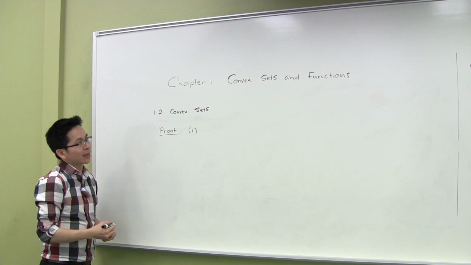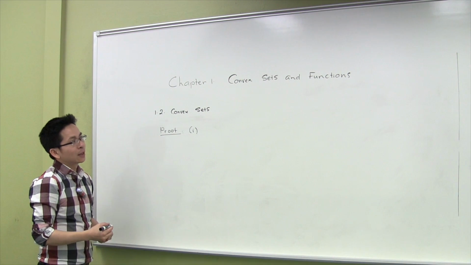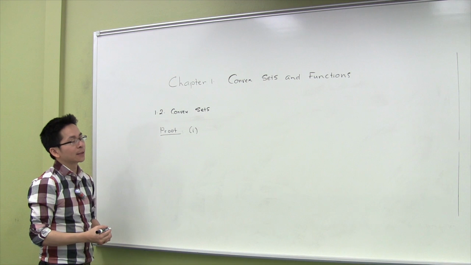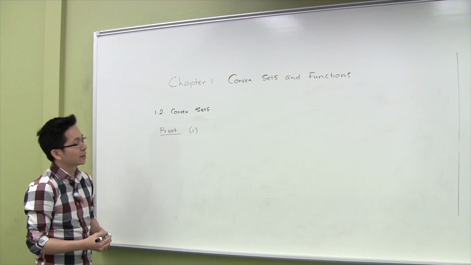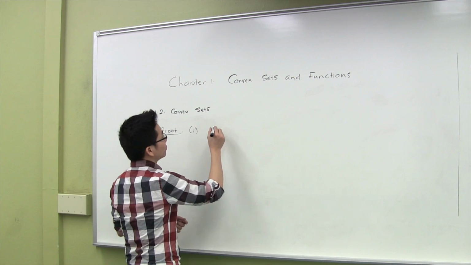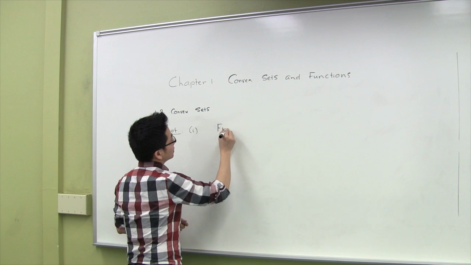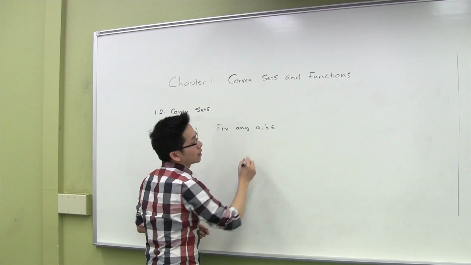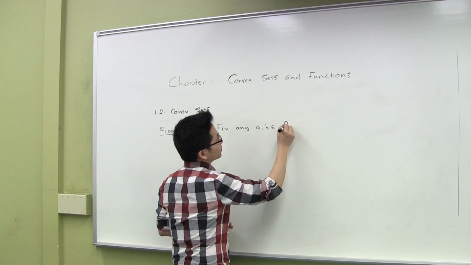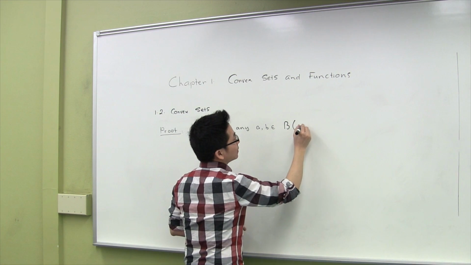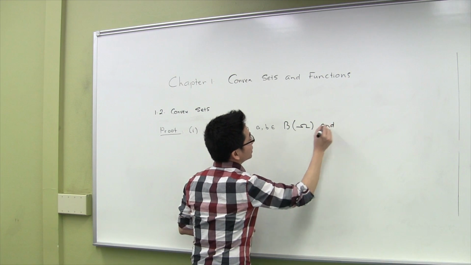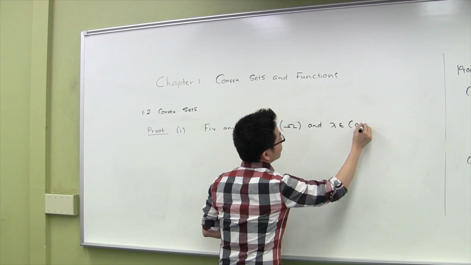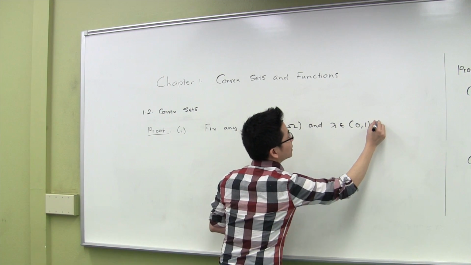So I'm going to prove that if omega is a convex set in R^n, then its direct image is a convex set in R^p. By the definition, we fix any a and b in the direct image of omega, and we fix any real number lambda in the interval [0, 1].